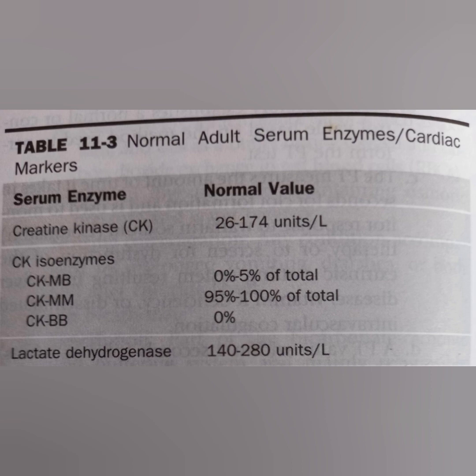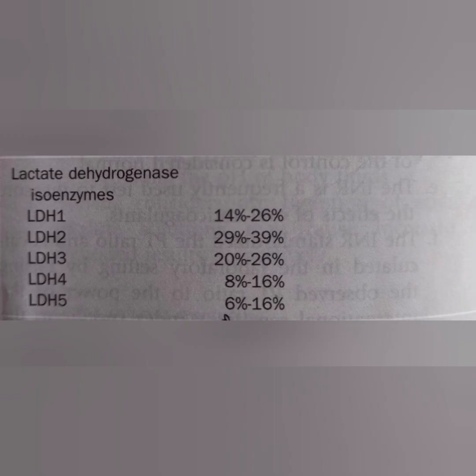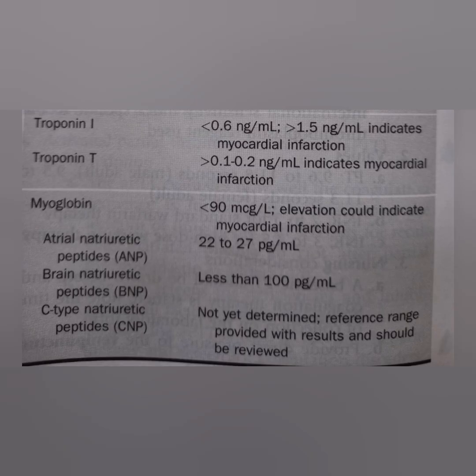The lactate dehydrogenase isoenzymes include LDH1, LDH2, LDH3, LDH4 and LDH5. LDH1 is 14 to 26 percent, LDH2 is 29 to 39 percent, LDH3 is 20 to 26 percent, LDH4 is 8 to 16 percent, and LDH5 is 6 to 16 percent.